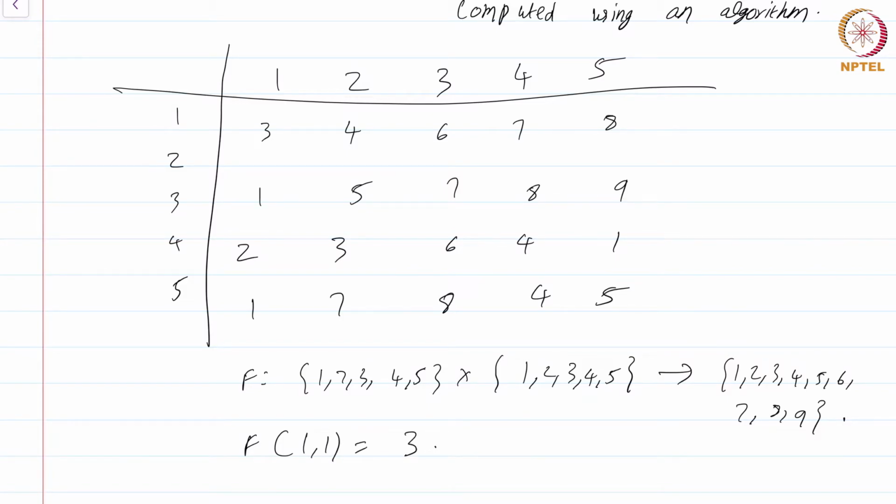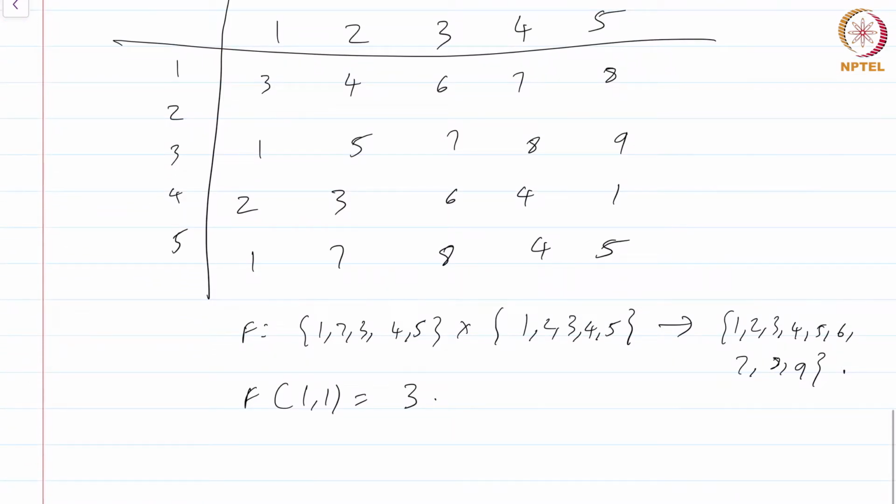You notice there is an abuse of notation happening. An abuse of notation is when you do not use the notation fully correctly, for the sake of brevity. Here, technically, I should be writing f of (1 comma 1) equal to 3. That's the way functional notation was defined.